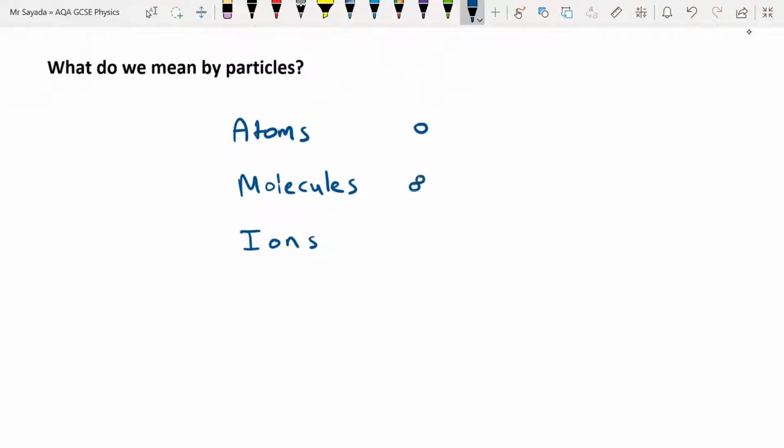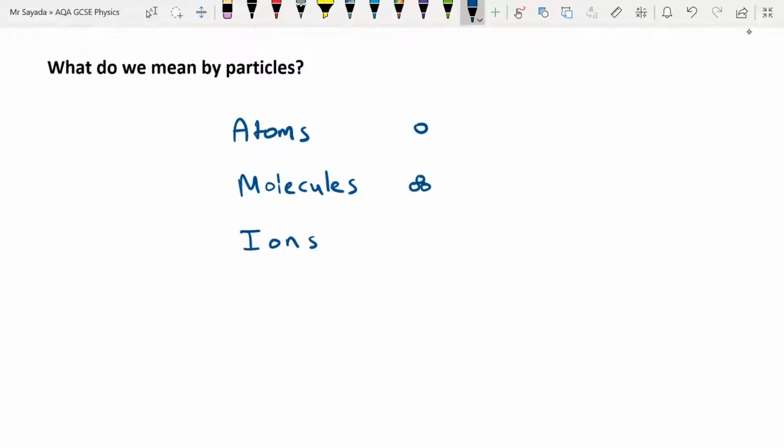So to really understand this topic, states of matter, we need to understand what I mean when I'm saying particles. When I'm talking about particles, I'm talking about atoms. I'm also talking about molecules. I'm also talking about ions. When I'm talking about the particles in a solid, in a liquid, or in a gas, I'm talking about individual atoms. I'm talking about groups of atoms together.